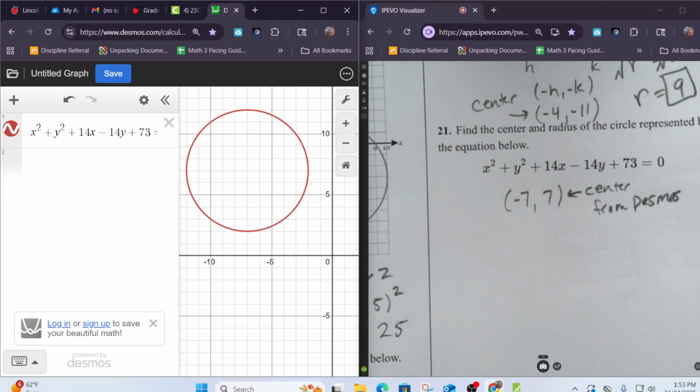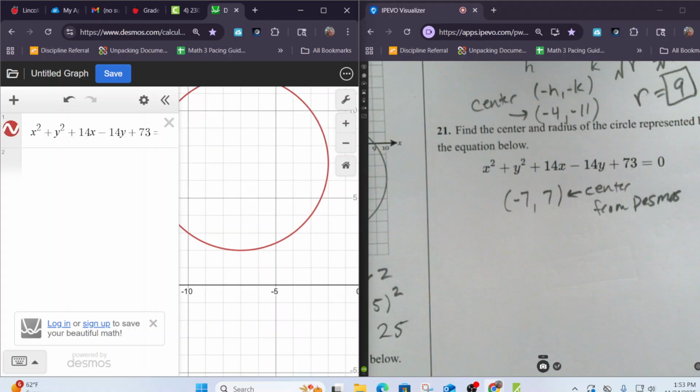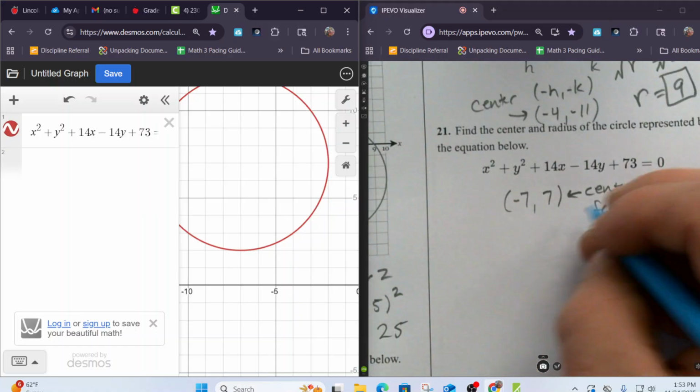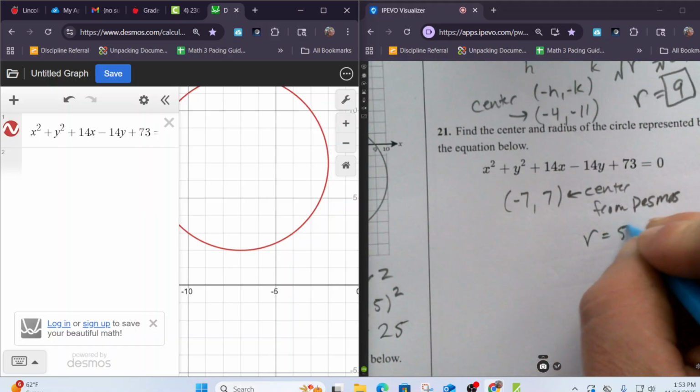So I got my center from Desmos. Then counting over, my radius from the center is 1, 2, 3, 4, 5 units. So my radius is 5.